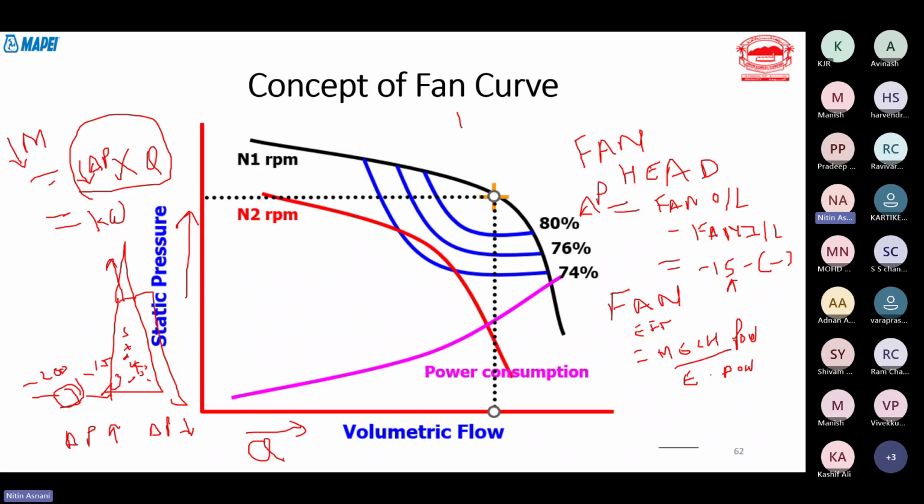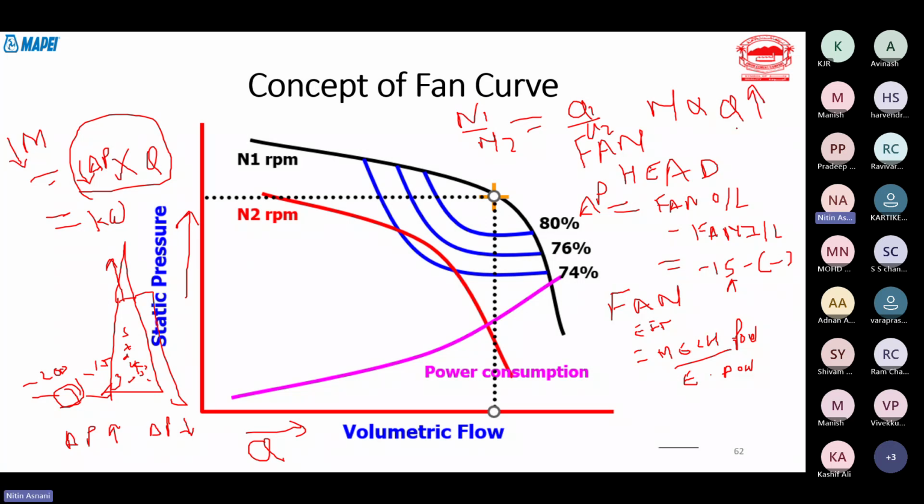So generally, when we're talking about the fan law, N1 by N2 equals Q1 by Q2. It means your RPM is directly proportional to flow.